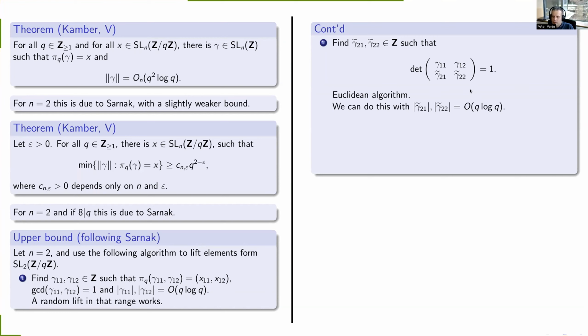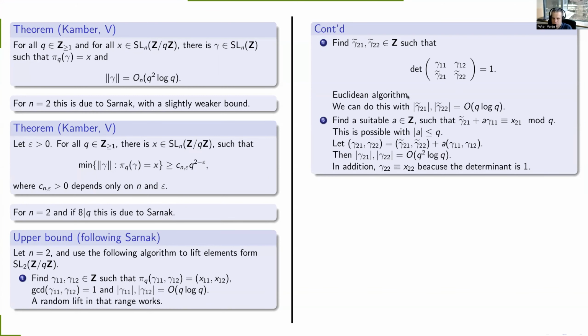Okay, so now we have a matrix with determinant 1 and integer entries, and the first row has the correct residues modulo q, but we don't know anything about the residues modulo q for the second row, and the last step in the algorithm is to correct this.